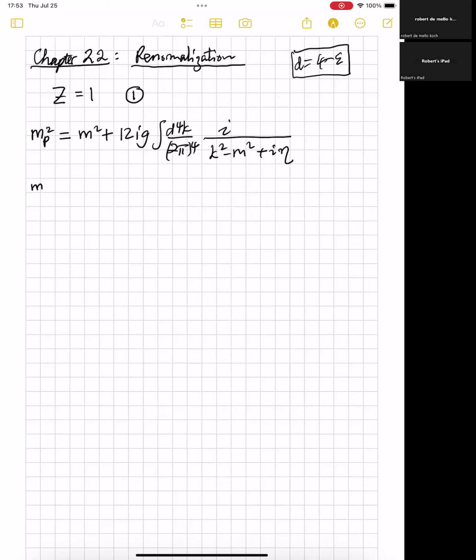So if I now use dimensional regularization, you know exactly how to do this. We discussed this example.